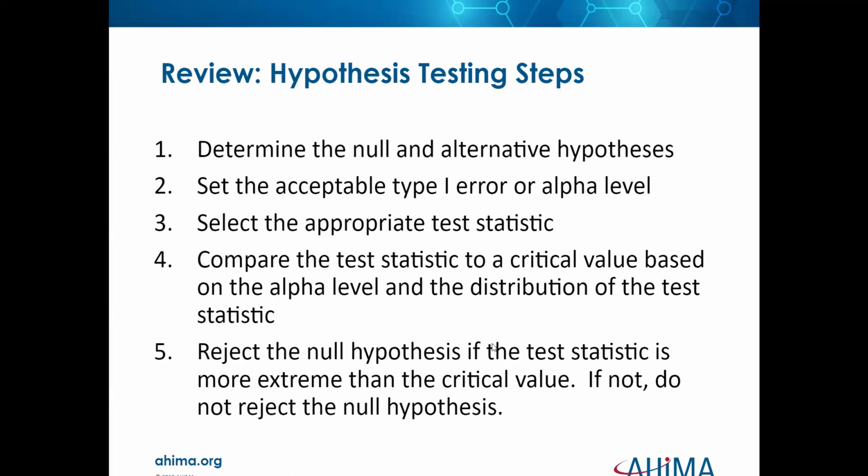So let's walk through this example, and this is not something you'll necessarily have to do as an HIM professional, but it's important to understand how this information is used. And so what we're going to do is some hypothesis testing, and we're going to compare the test statistic, if you will, to a critical value based on the alpha level.